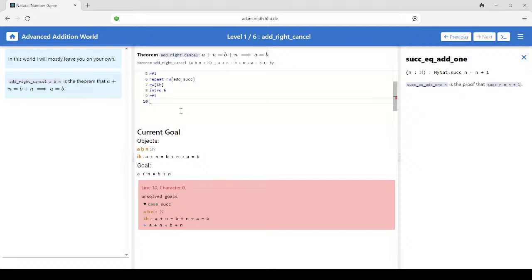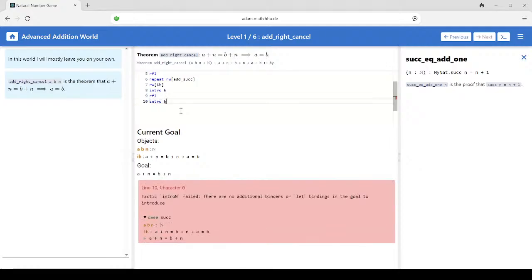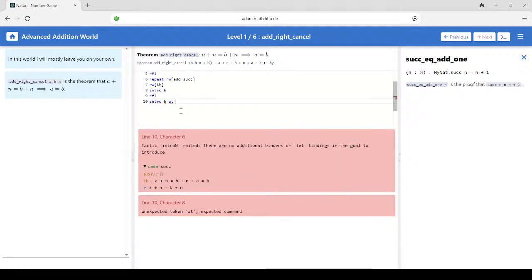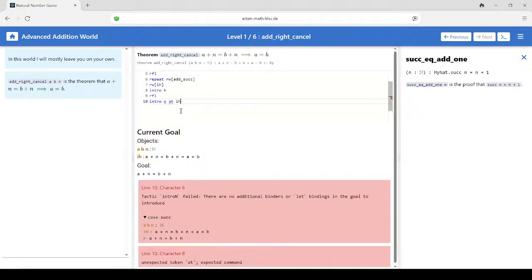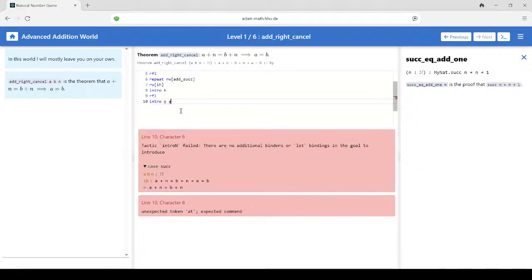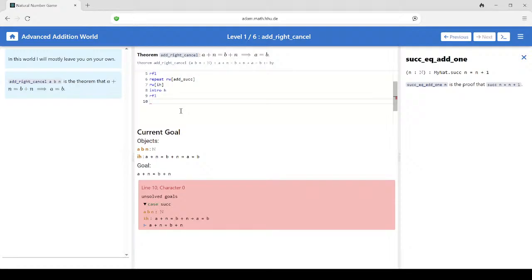A plus N does equal B plus N, which implies A equals B. No. Well, I'm a little confused about what's going on here.